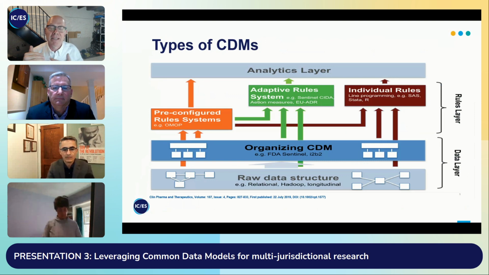The next layer up is this idea of an organizing common data model, where we just might standardize things into similar formats without touching the data, so that a data file capturing encounters looks exactly the same in one system versus another. It doesn't have the same codes necessarily in it, but the format of the data in terms of the rows and columns looks the same.